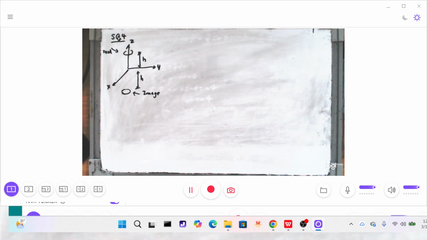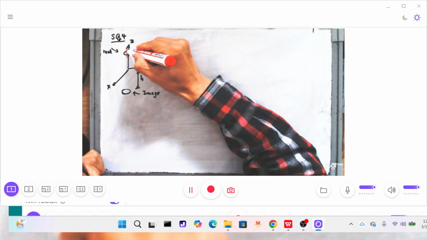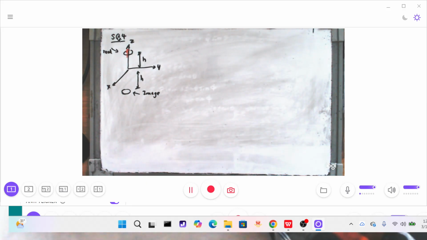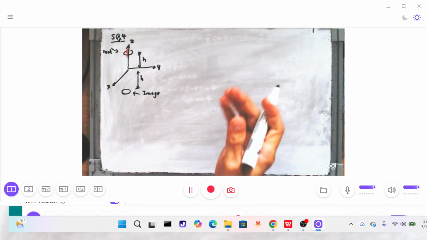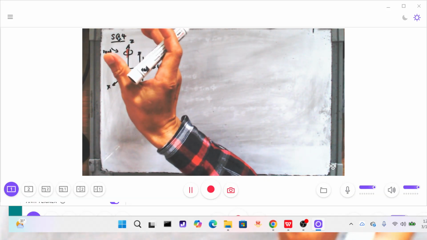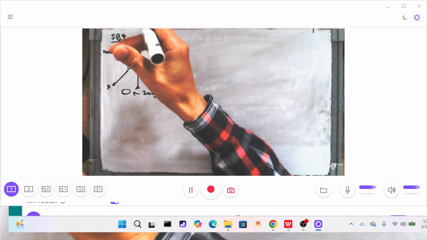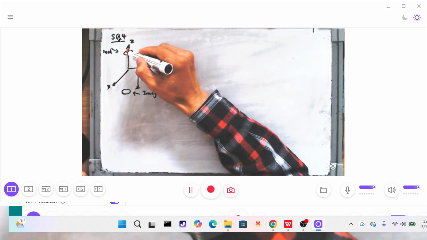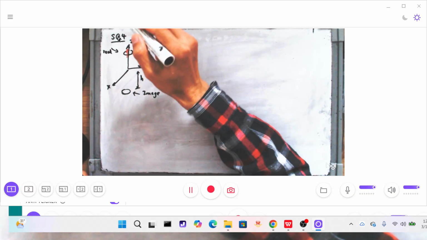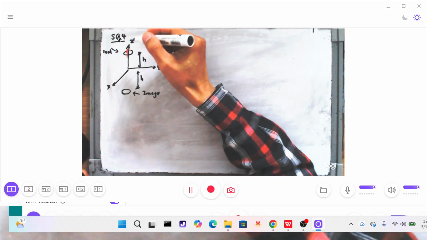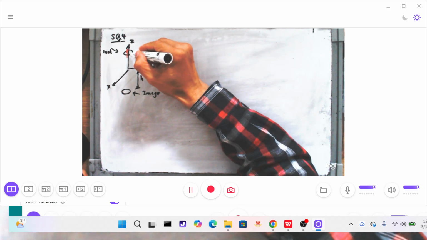Suppose the dipole is pointing in the upward direction. This means the current is going, you use the right hand screw rule: if the magnetic field is pointing upward, the north is up, then the current should be anti-clockwise.